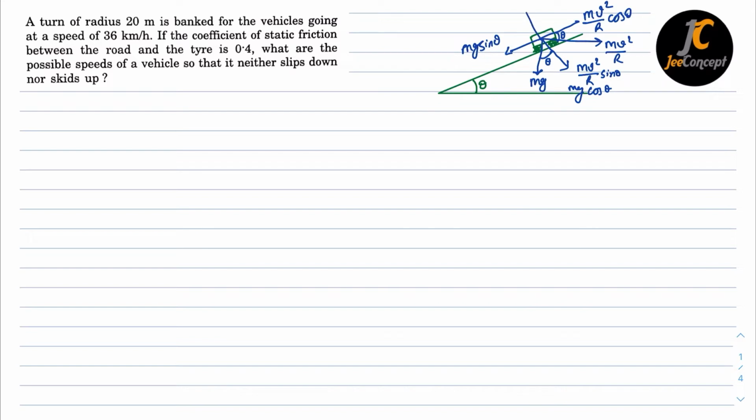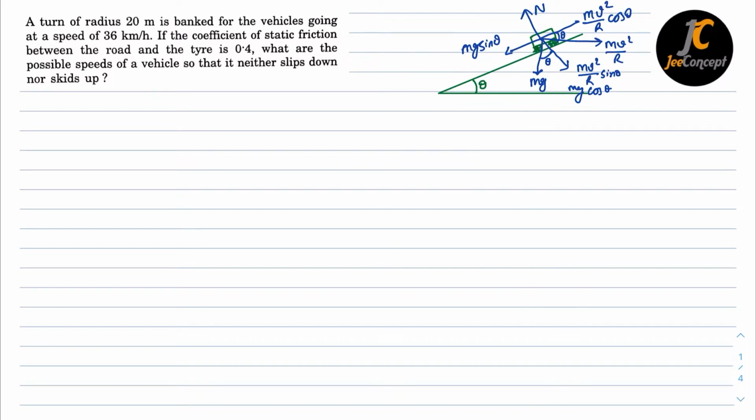The normal force will act in the upward direction, right? So now there will be two scenarios. One is if the speed is exceeding in such a way that the mv square by r cos theta component is greater than mg sin theta, then the car will try to move in the outward direction. So in that case, the friction will act in the downward direction, right?